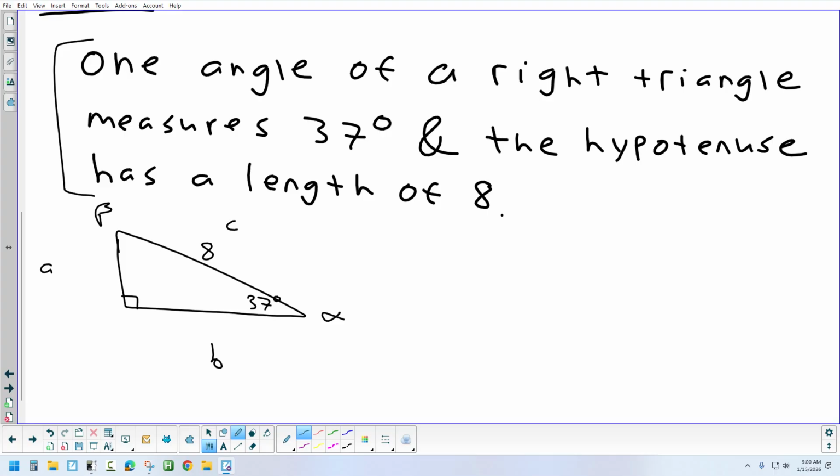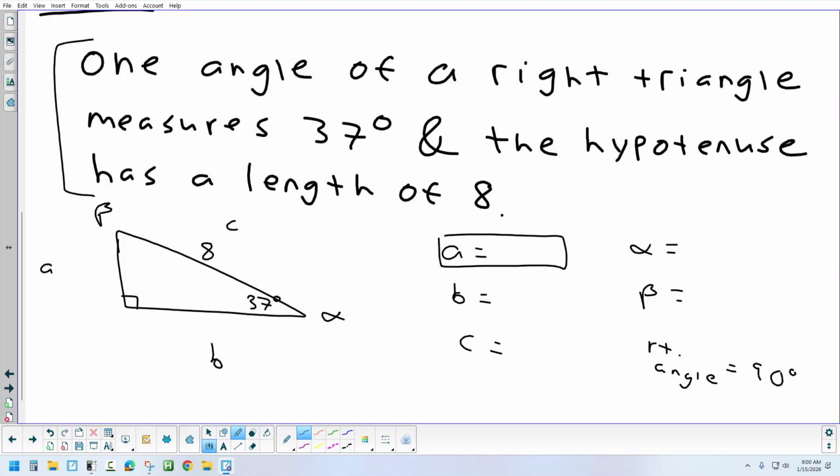And I'm also going to make a table off to the side. And the table is going to organize all of my answers. Okay. So A is something that I need to find. So I'm going to put a box around anything that I need to find.